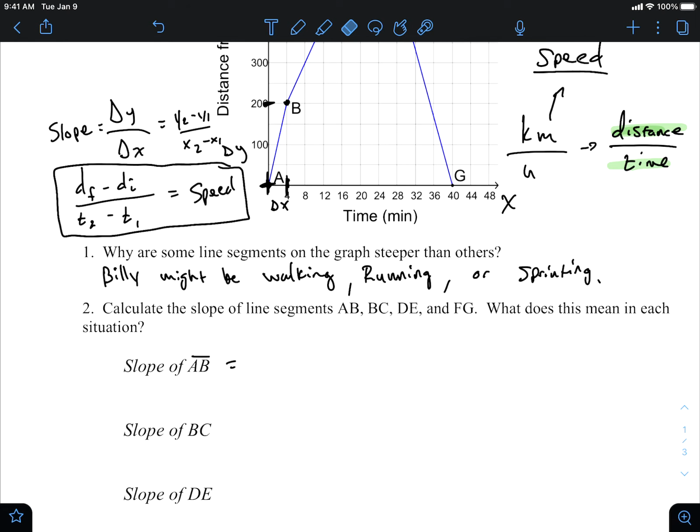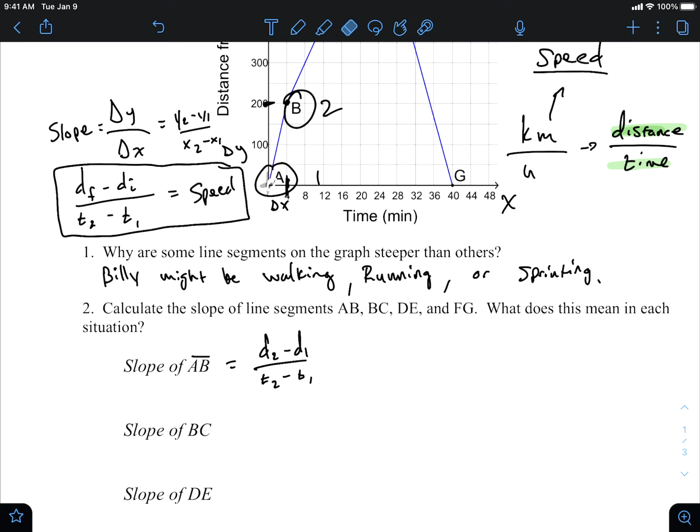Let's use distances because that's what we're on. So let's say d2 minus d1 over t2 minus t1. B in this particular instance is going to be all the 2's, and A is going to be the 1's. Would everybody agree? I'm just reading left to right, what happens first and so on.